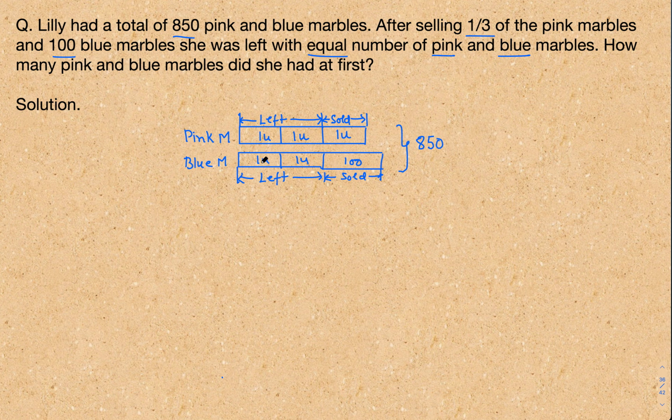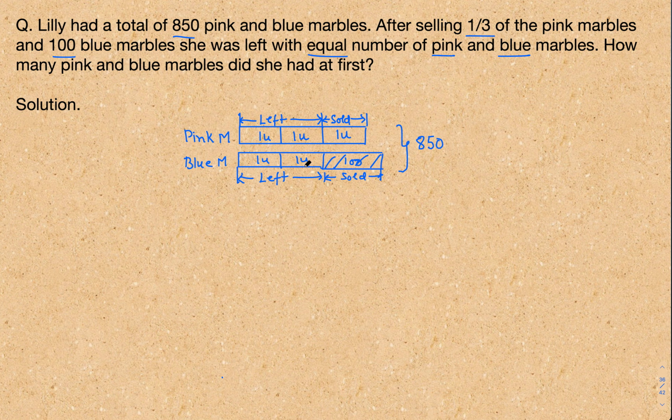Now we know that everything is 850. If we take out 100 from the total 850, what will we be left with?